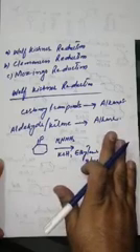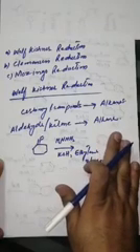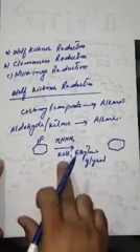For example, in your exam, if someone asks you to complete the reaction, you should learn what kind of reagent this is, what kind of reaction is going to happen, and which functionality will be reduced.